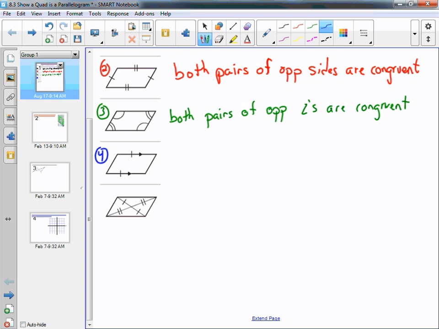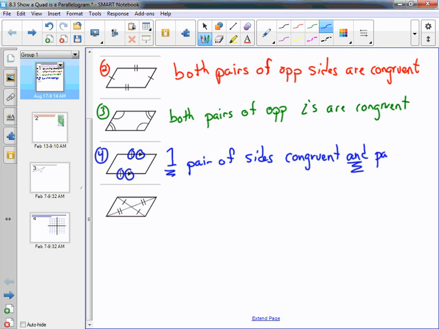Notice that on both of these, the sides here are congruent and parallel. So this is one pair of sides congruent, and that's the big part, it has to be both congruent and parallel.